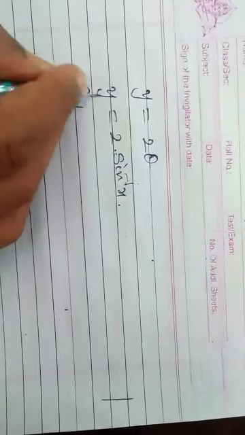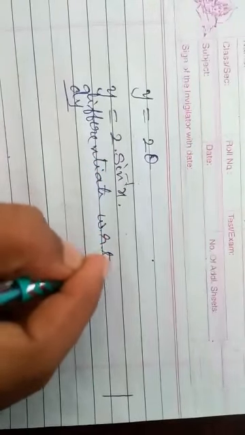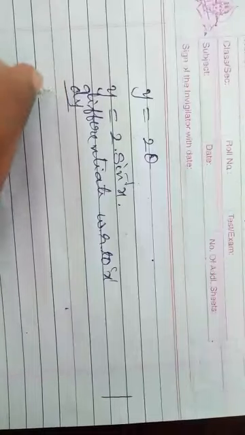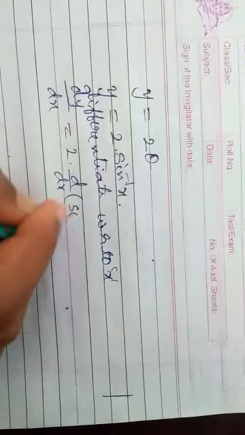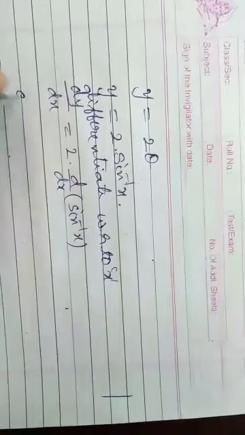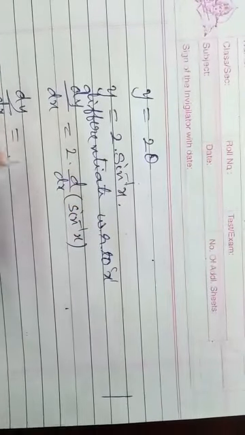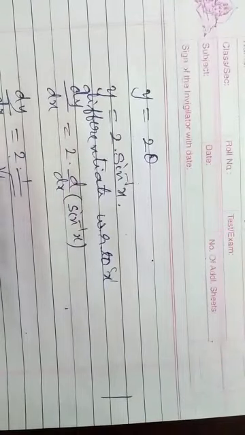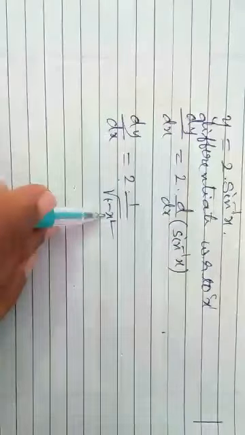Differentiate with respect to x. dy by dx is equal to 2 into d by dx of sine inverse x. So dy by dx is equal to 2 into 1 by root 1 minus x square.